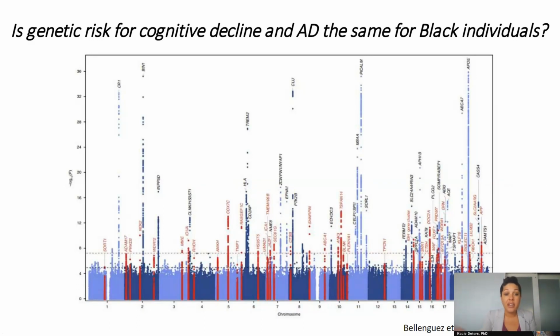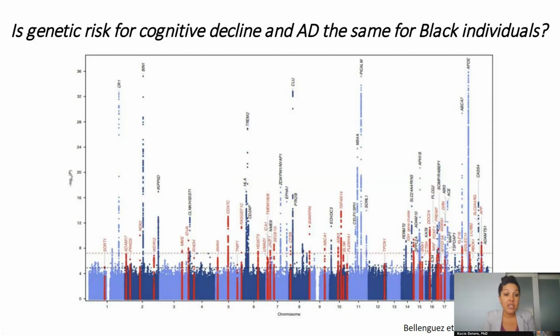This study identified some of the same genetic risk factors as previous GWASs, such as ApoE, but also identified an additional 42 different loci that were significantly associated with Alzheimer's disease. Similar to the trajectories we see in the previous slide, these genetic markers were largely defined in a European population.